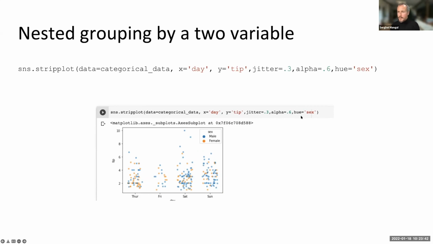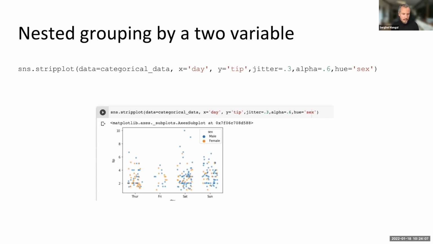But now remember our friend hue, the parameter which will split by biological sex. Instead of having two box plots, suddenly you will have the dots colored by males versus females. So I think it's quite nice. Let's see what's happening. I think that can really tell us more about the data than the box plots.